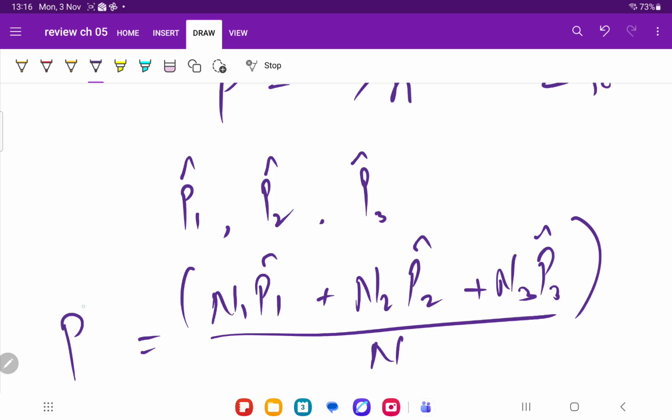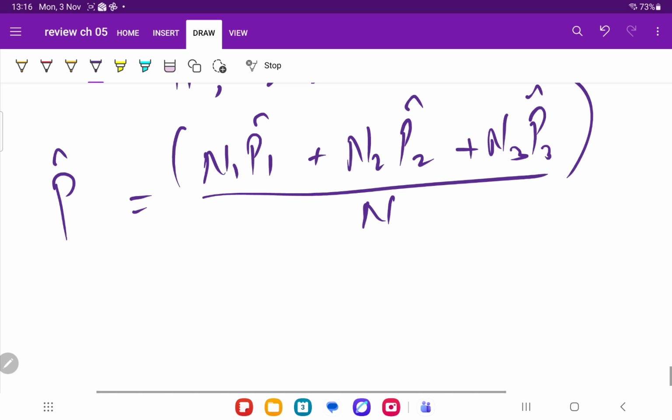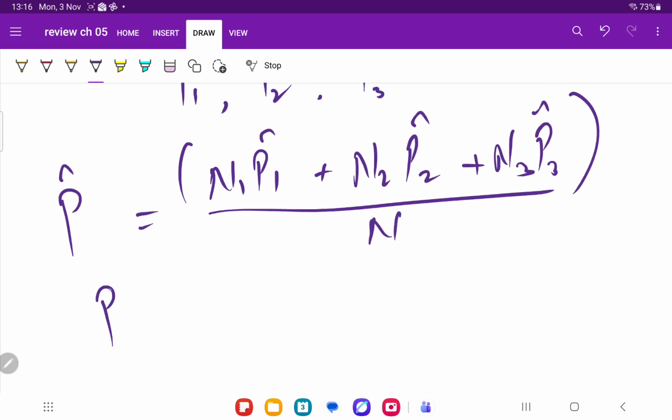That is called the average proportion. In the same manner, you could simply write it in generalized form, summation ni pi over n. So that is the formula of the proportion.